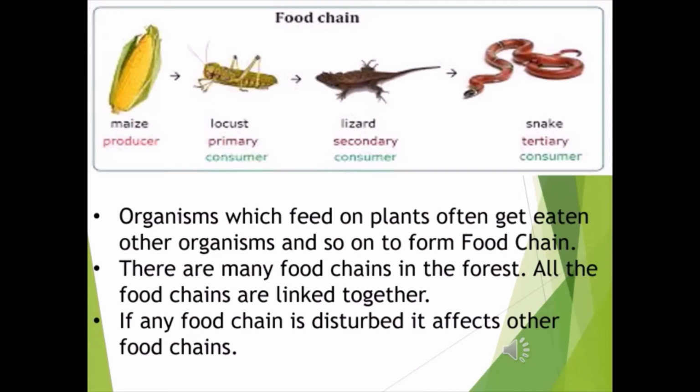So here the organism which feeds on a plant often gets eaten by another organism and so on, and this forms the food chain. Various food chains are present in the forest, and all the food chains are linked together. If any food chain is disturbed, it affects other food chains.